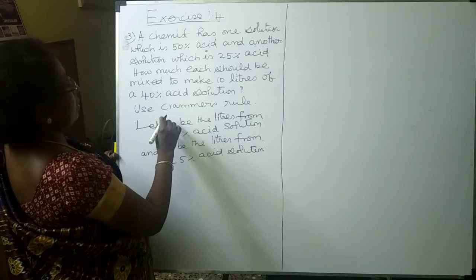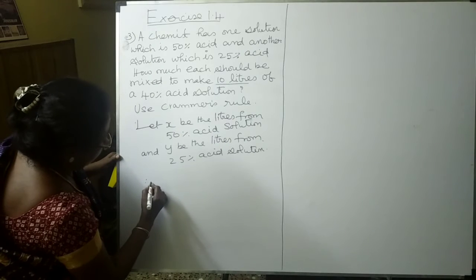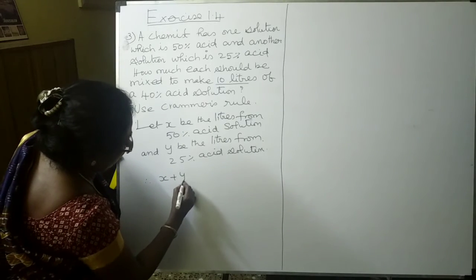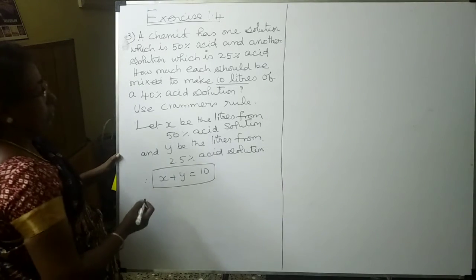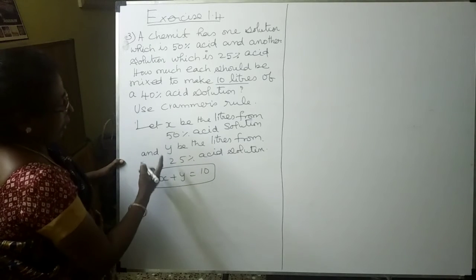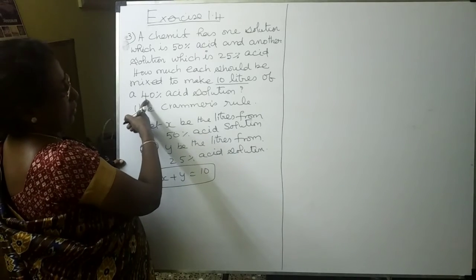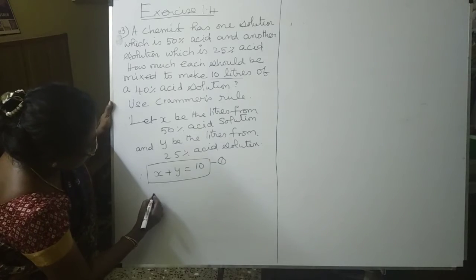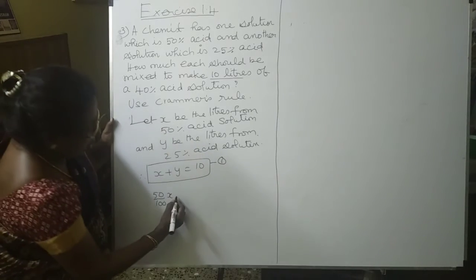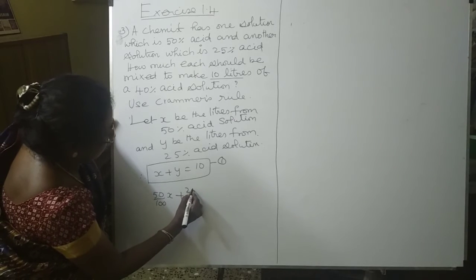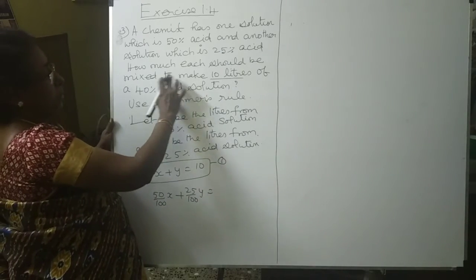Totally we are getting 10 liters of acid solution. Therefore, we are given X plus Y is equal to 10 liters. So 50% of X and 25% of Y gives you 40%. So it is given 50 by 100 into X, 50% of X. Now 25% of Y, 25 by 100 into Y. This is equal to 40% of 10 liters.